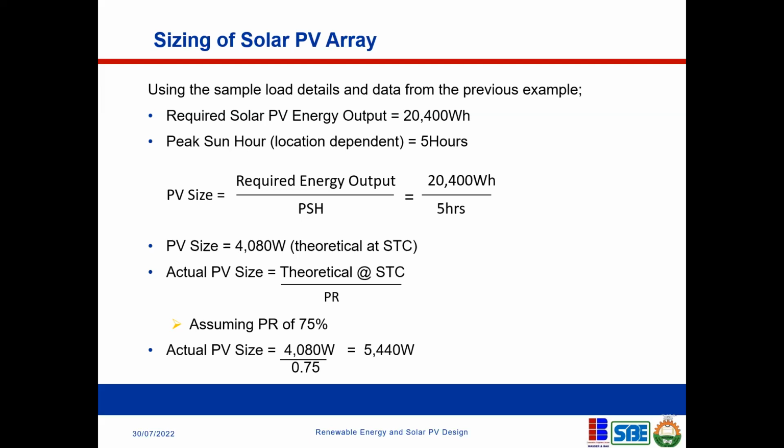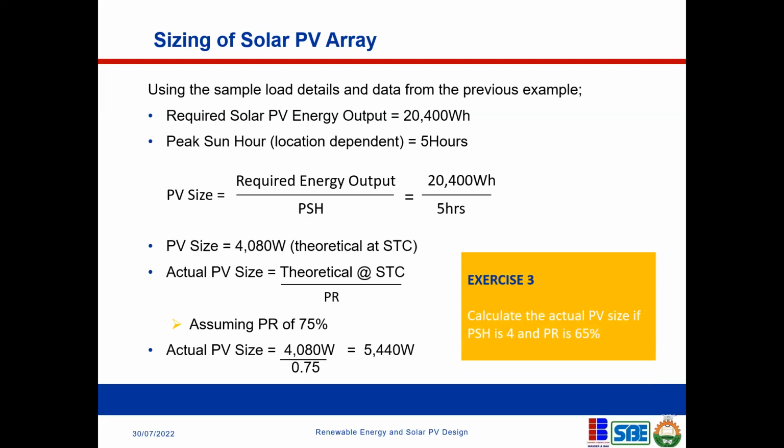So now we've been able to size the inverter, the battery, and the PV array. Let's also do an example, this exercise number 3. Calculate the actual PV size if the peak sun hour is 4 and the performance ratio is 65%.